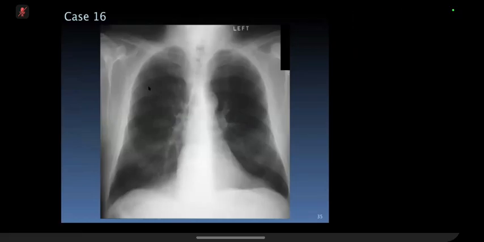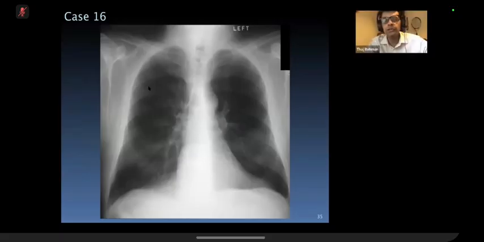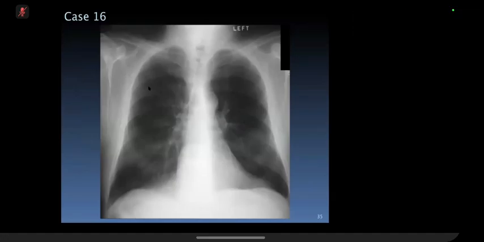So this is a frontal chest radiograph of an adult patient. Ignore the lungs, ignore the bones and soft tissues. The mediastinum looks unremarkable. The trachea is not dilated.